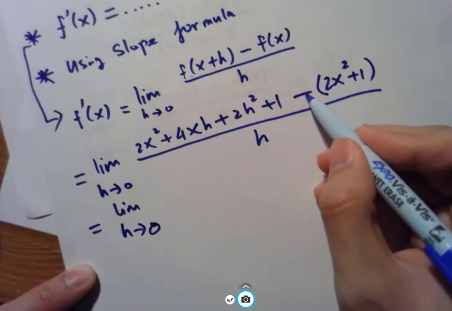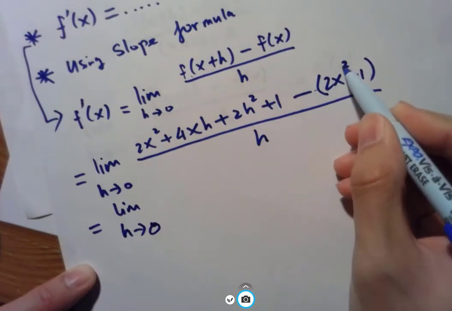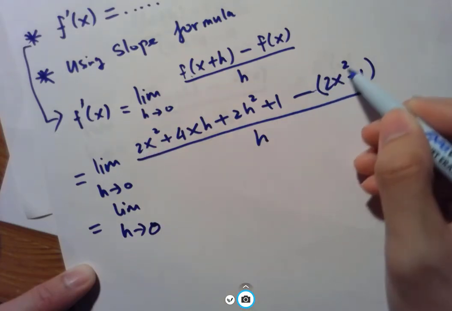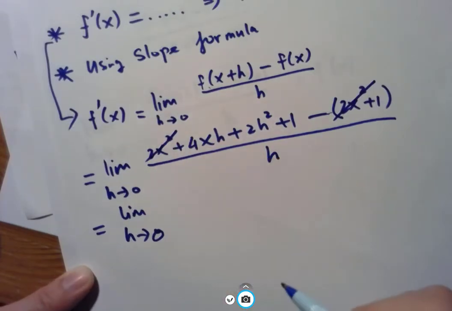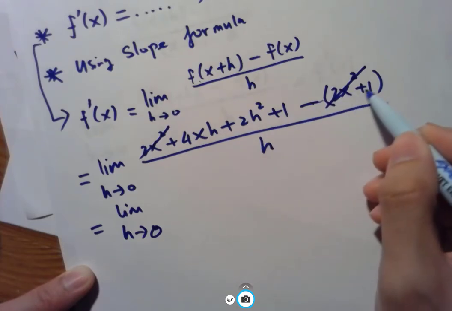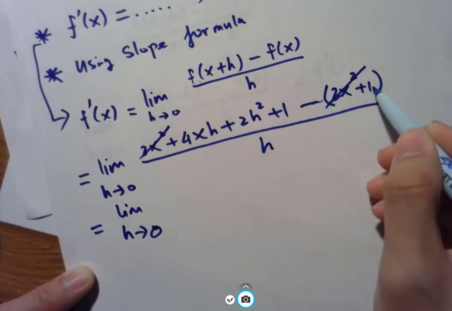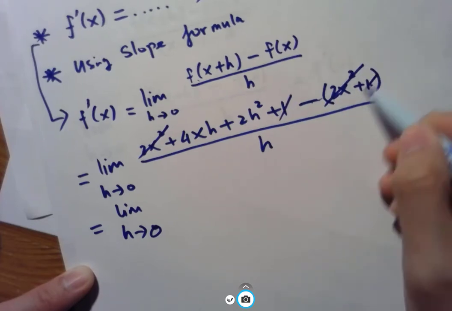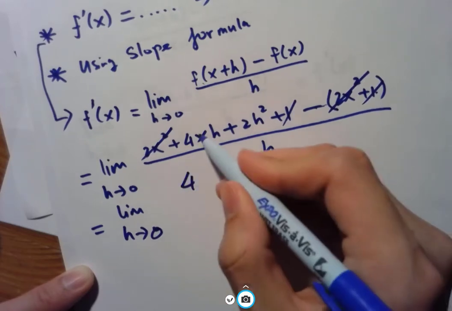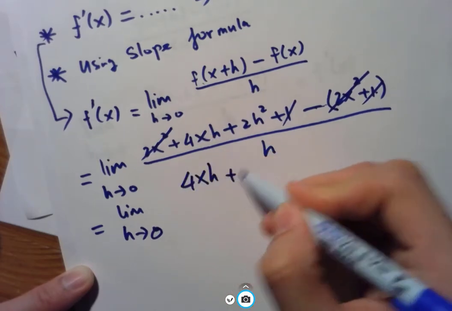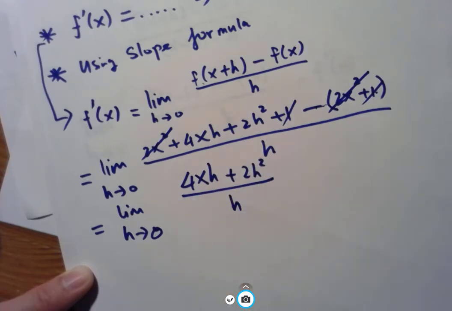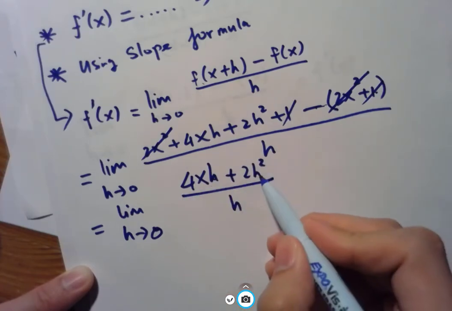Now, when I move the subtraction, minus 2x squared, there's a plus 2x squared and minus 2x squared. So this term is gone. Okay, this is plus 1 minus plus 1, which is minus 1. So this 1 here and minus 1 here are also gone. So on the top we have 4xh plus 2h squared over h. And we can see there's the h factor, there's the h factor.